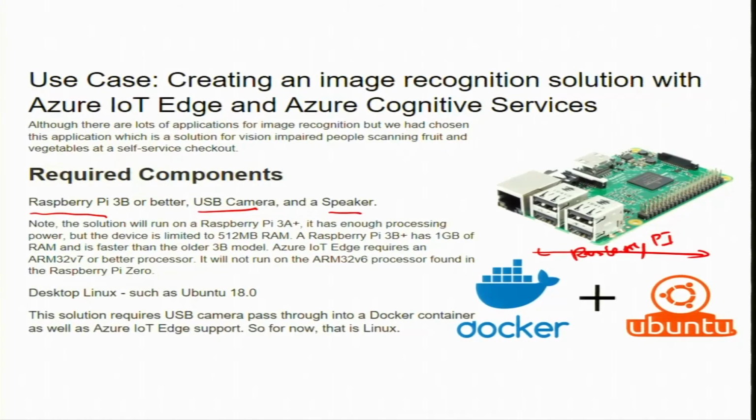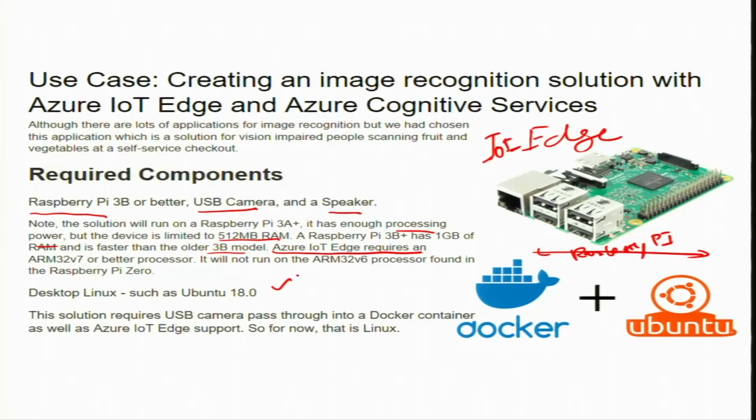The Raspberry Pi board is a standalone computer, and it has enough processing power, but the device has limited memory within it. The Raspberry Pi 3B plus board has 1 GB of RAM, and now a newer version, Raspberry Pi 4, has come. This board will be used to make the IoT Edge. It will work as an IoT Edge.